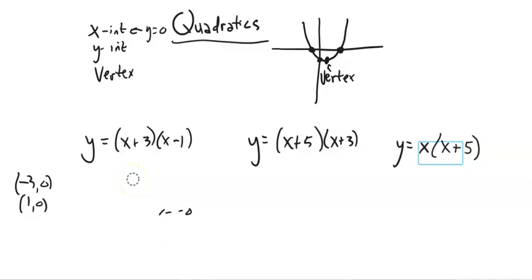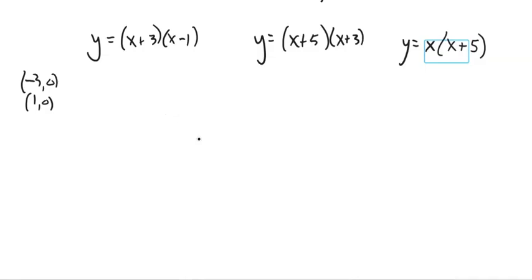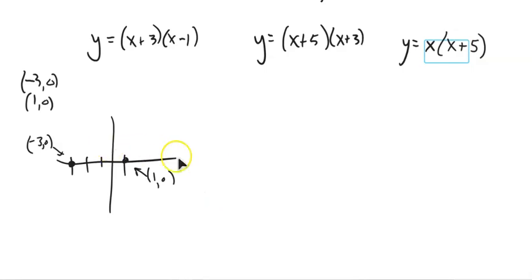So if I think about that as a graph, there's 1, 0. There's negative 3, 0. Let me just label those. So I know that it's going to go between those 2 points. It's going to cross through those 2 points, my parabola, my shape of this.